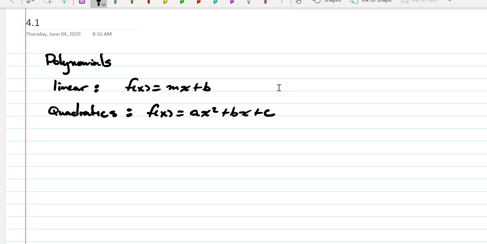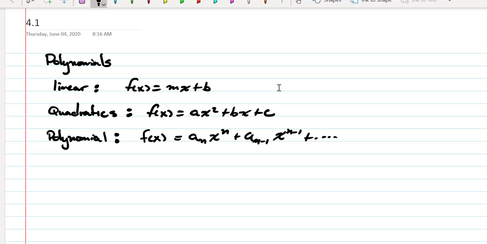So for a polynomial, we are going to write the following, which is f of x is equal to a sub n x to the n plus a sub n minus 1 x to the n minus 1 plus dot dot dot all the way down to a2 x squared plus a1 x plus a0.